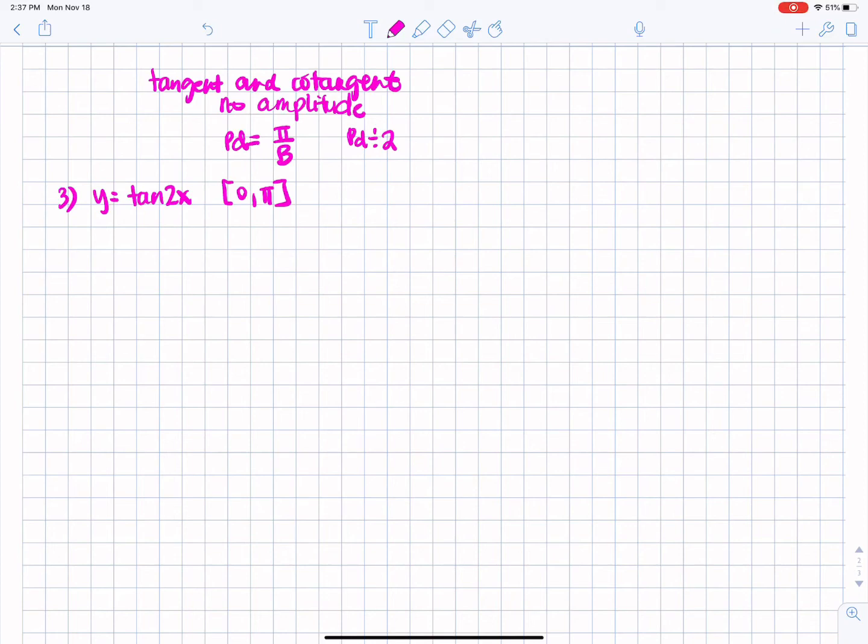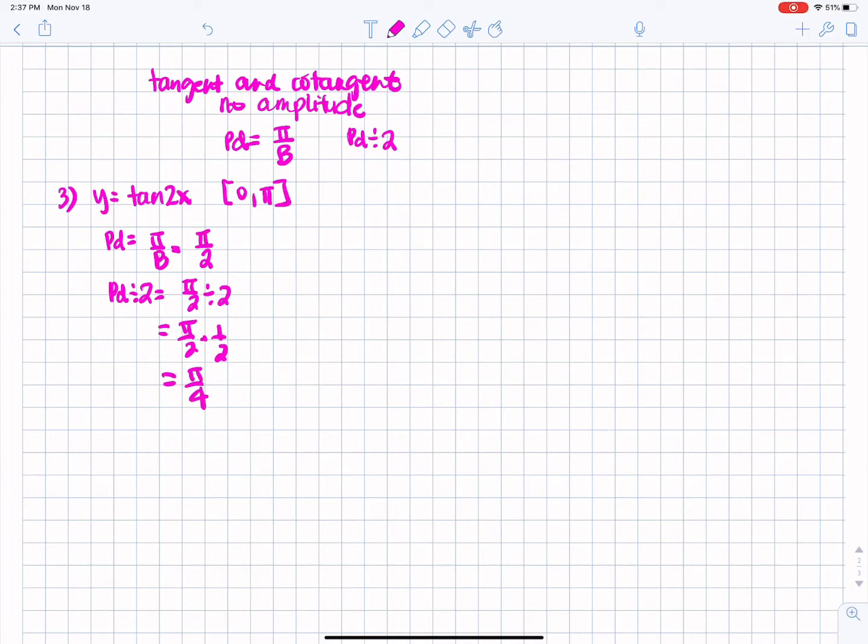Okay, let's begin. Since there's no a, we go straight to period. Formula is pi over b. b is 2. And then you divide your period by 2. So pi over 2 divided by 2 is the same thing as multiplying by 1 over 2. So pi over 4.